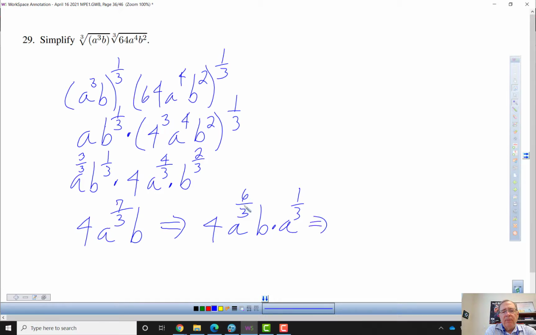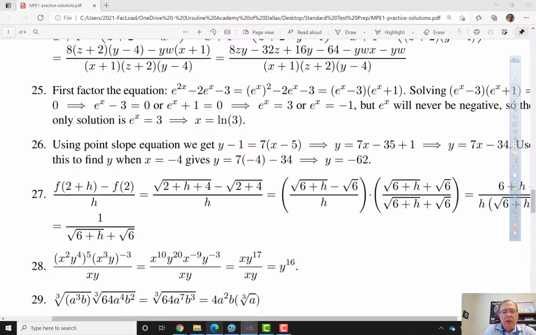So we're going to reduce this fraction to 2, so 4a squared b, and then change this back to radical notation for the a to the 1/3, so that'd be the cube root of a. So we'll go check their answer, and they come up with 4a squared b times the cube root of a.